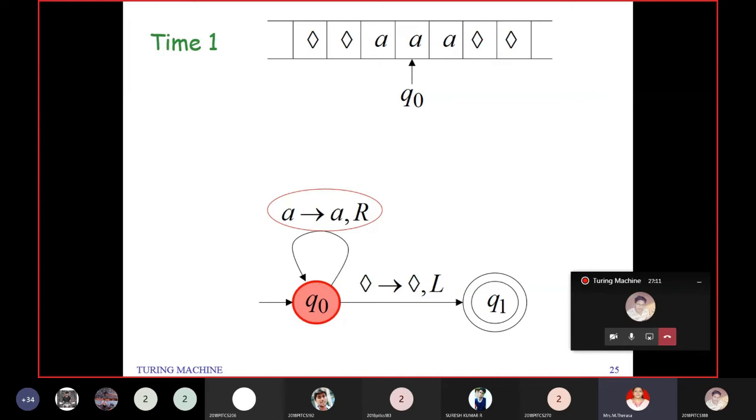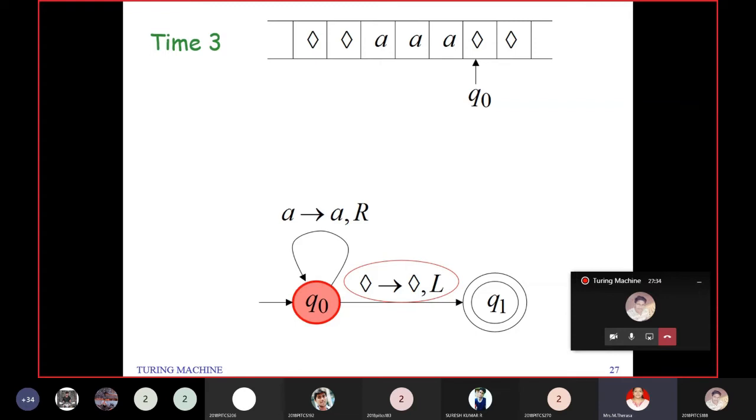Okay, so here Q naught comma A, again it should stay in the same state and move right, and again it reads Q naught A. So the state is Q naught and the input symbol read is A. It has to move rightward without writing anything on the tape. Okay, so now Q naught comma blank.